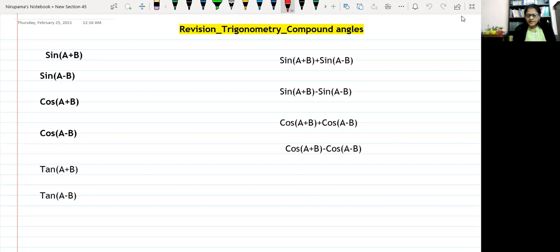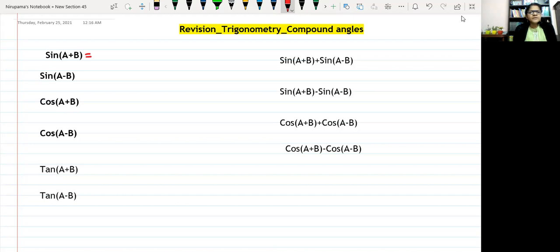And again, it is a revision series, so already in regular classes we have derived all these formulas. Today we are not going to derive anything. We will recall the formulas and take the questions from the NCERT 3.3 exercise.